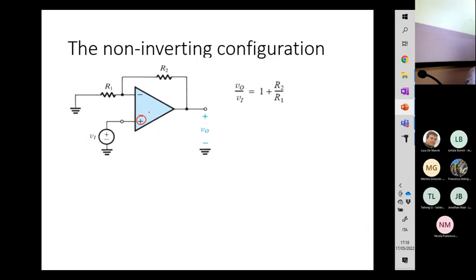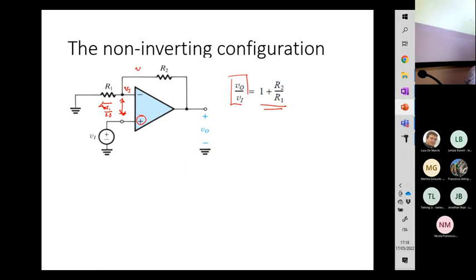In this case, as you may remember, the V out over VI relationship is given by this formula, assuming again a virtual short circuit between these two nodes, so that VI is also the value at this point. Therefore, the current flowing through R1 in this direction is VI divided by R1.